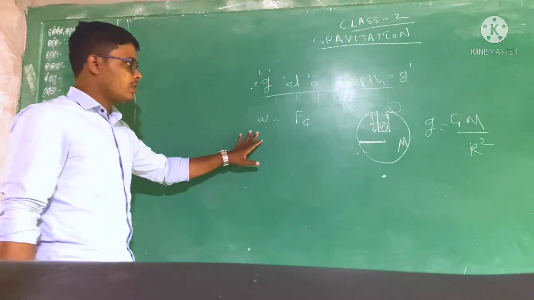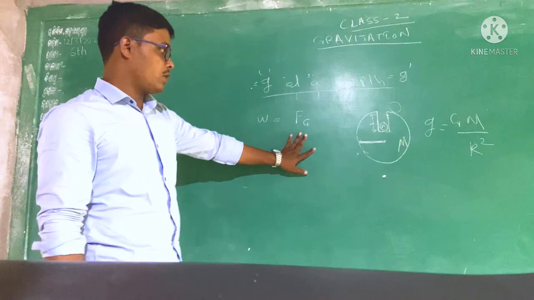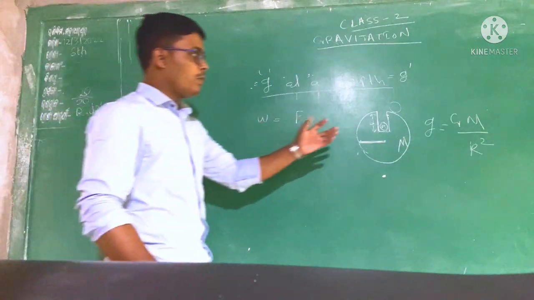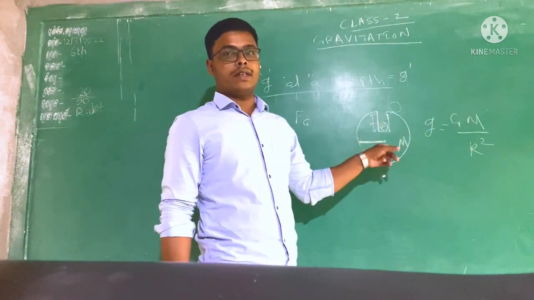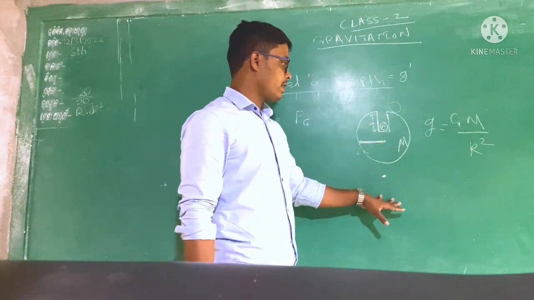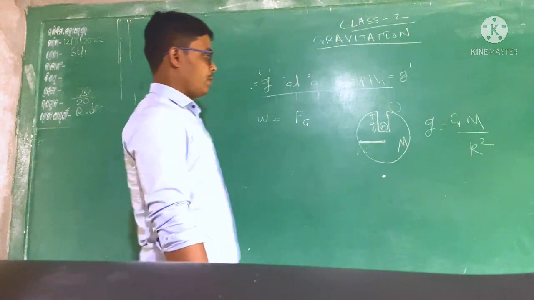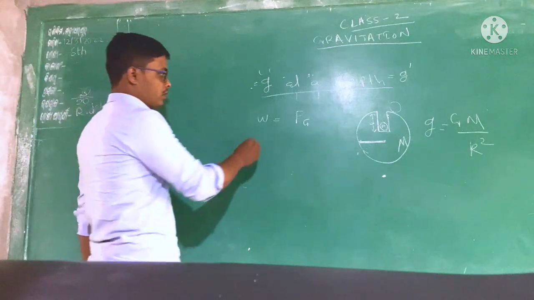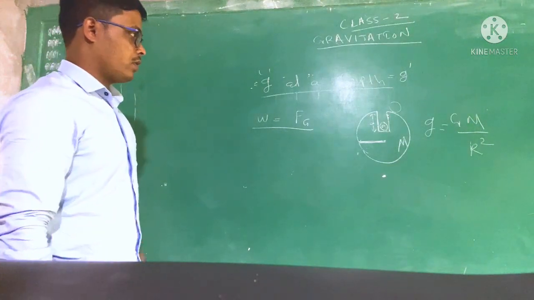Okay, so the balance equation is that the weight will be equal to the gravitational force because it is situated here. It is not moving upward or downward, but the earth system is rotating, and we are neglecting that case. So remember, this is at a height h. But the balance equation is that weight equals the gravitational force.